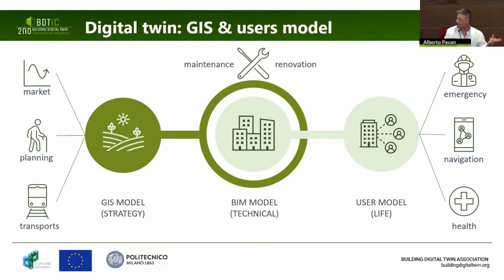We need to talk to the planning for the future town and to all the services like transportation and so on. And in another way, we have to think not only of a technical model, because yes, maintenance is really important, but you live in the building more than maintenance. So I need a user model inside my phone, an easy model, because I need to know where is the bathroom, where I could put my phone because I need energy, where are these rooms, and so on.